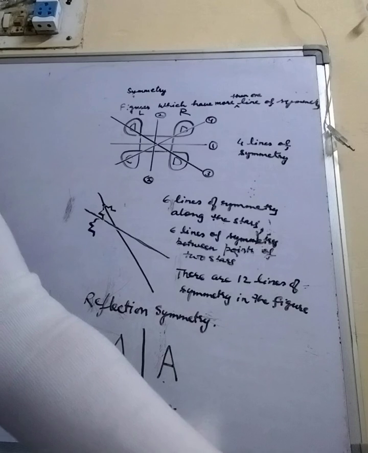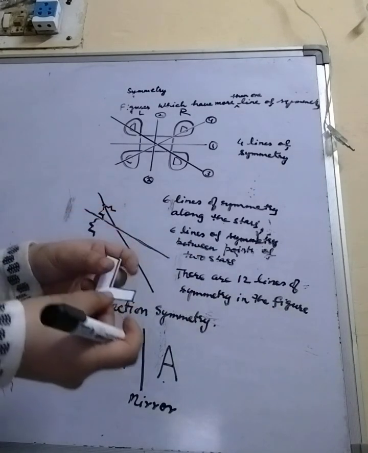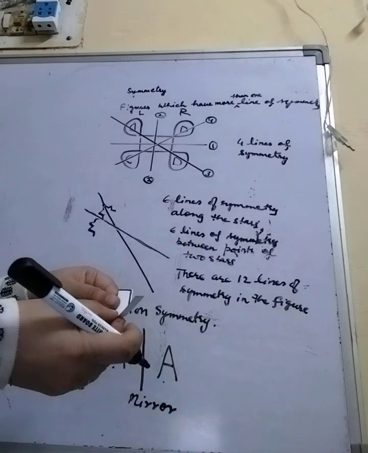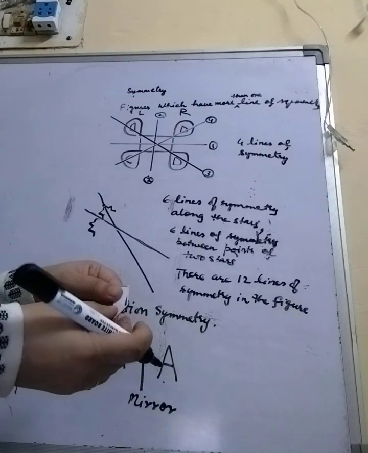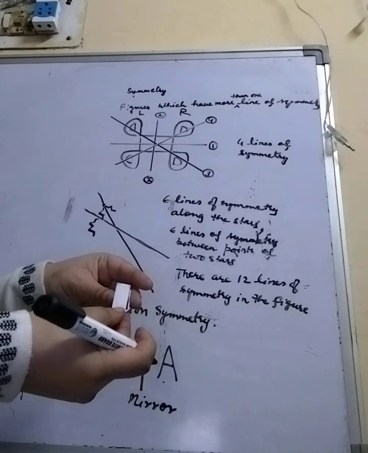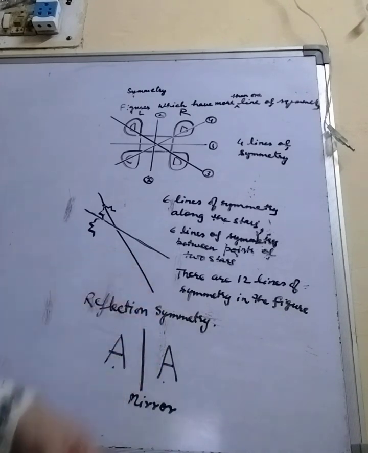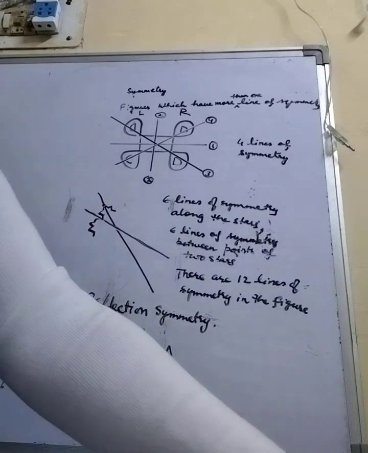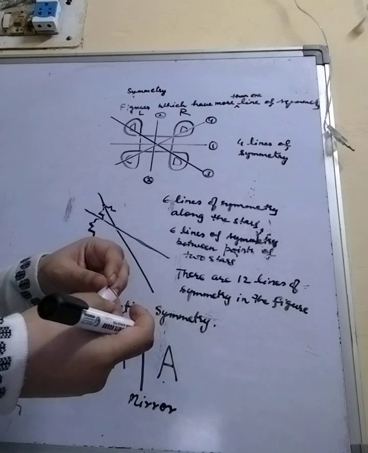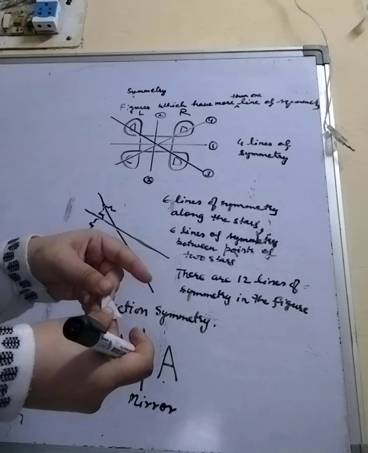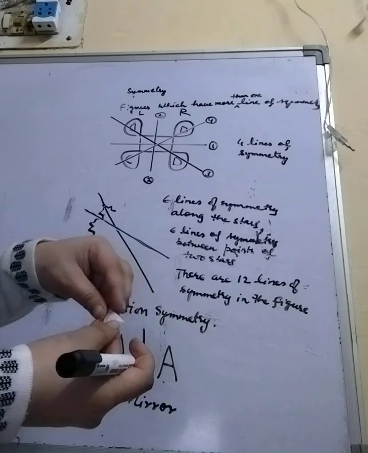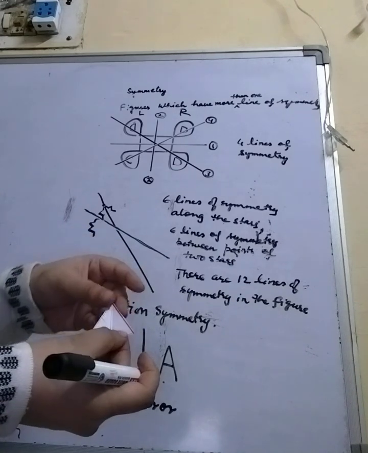What other figures did we have? Like we had done yesterday an L-shaped figure. Now if I fold one leg over the other, then again this is a reflection symmetry. Or if you have a triangle and fold it along one of the vertices, then it has a reflection symmetry.